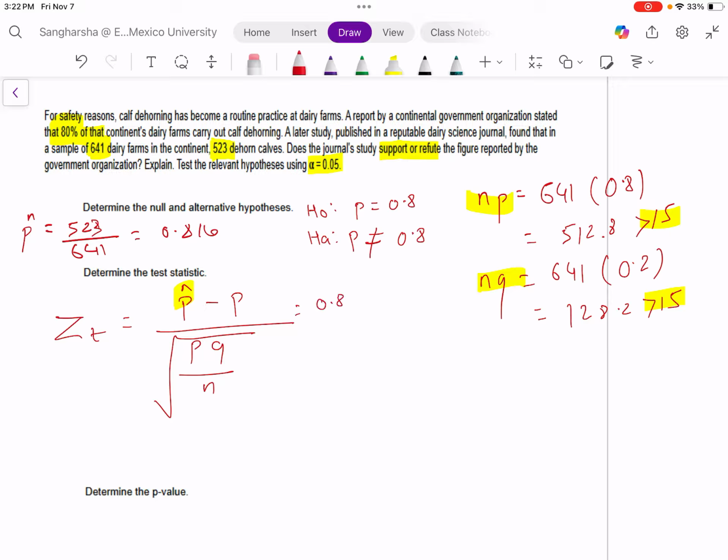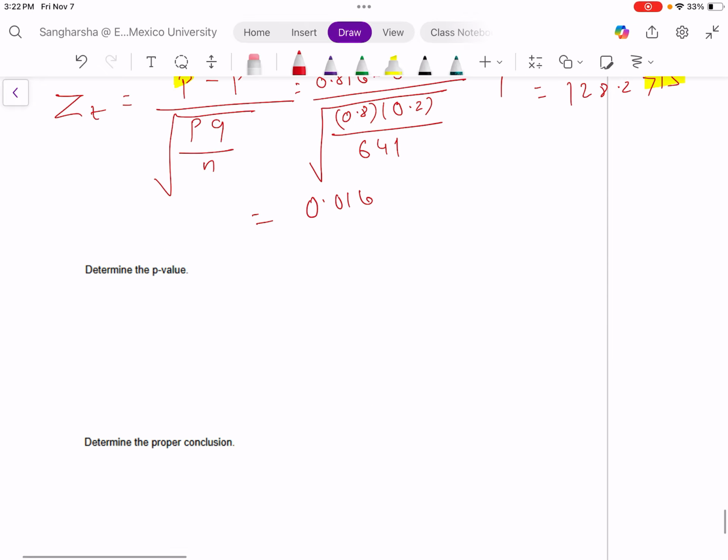So z equals 0.816 minus 0.8, which is 0.016, divided by the square root of 0.8 times 0.2 divided by 641.